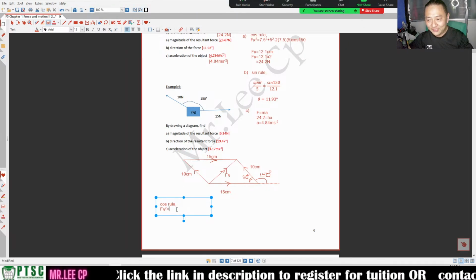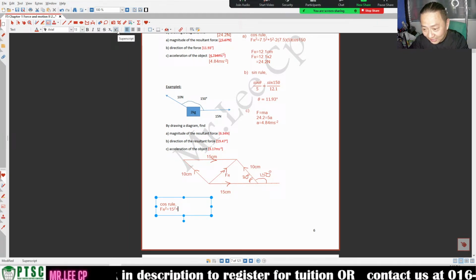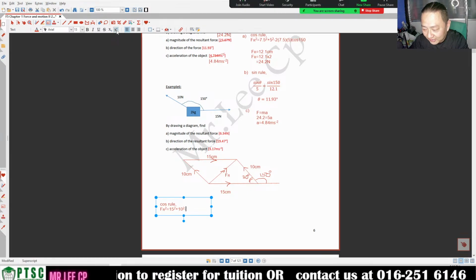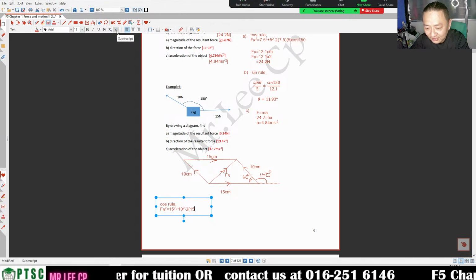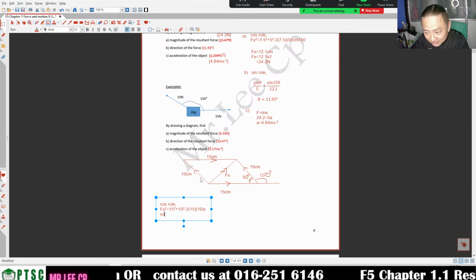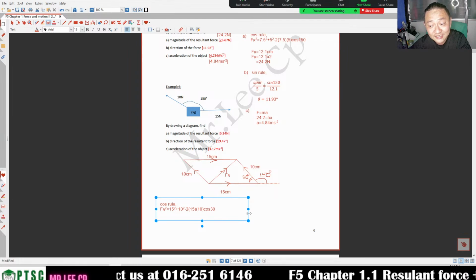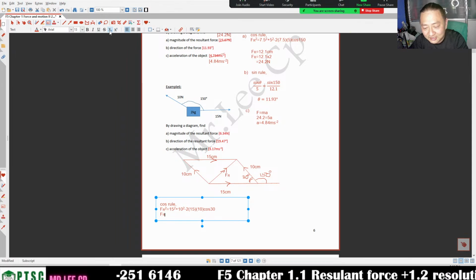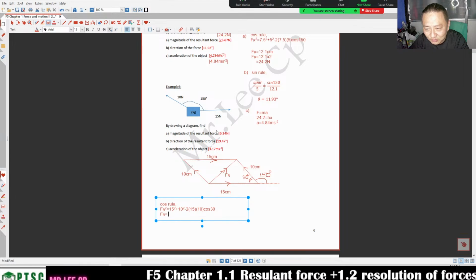Opposite square is equal to 15 square plus 10 square minus 2 times 15 and 10 cos 30. Are you okay with this? Then press your calculator and get me the resultant force. Is it equal to 6.34?